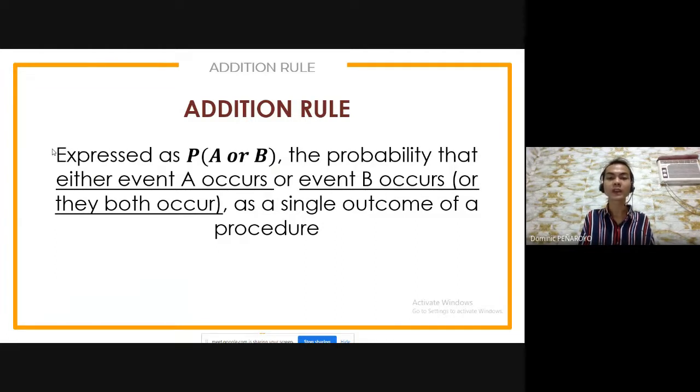The technique here is when you see the conjunction or, that's an indication that we will operate an addition rule. Again, it's the probability that either A occurs or event B occurs or they both occur.